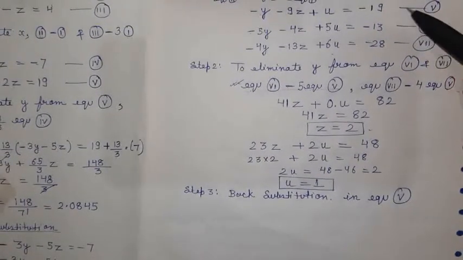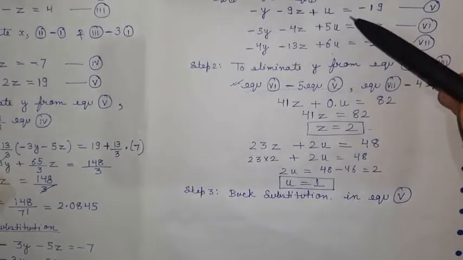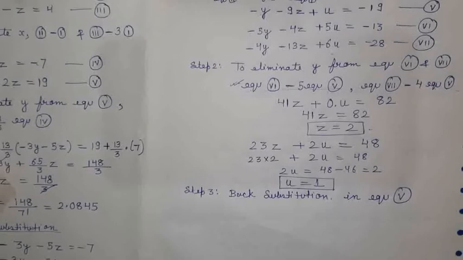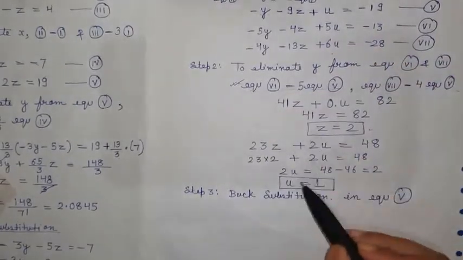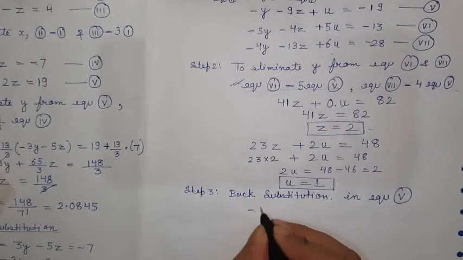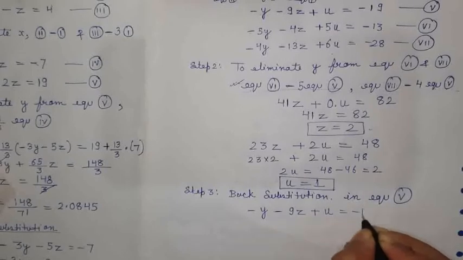Equation 5 is visible: minus y minus 9z plus u equal to minus 19. If we substitute the values of u and z in equation 5, minus y minus 9 times 2 plus 1 equal to minus 19.